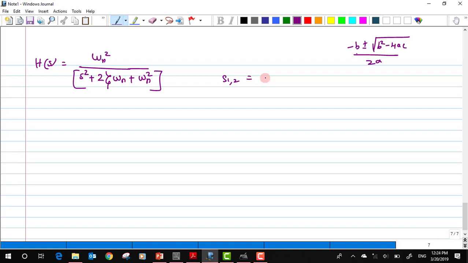So now the poles or the roots of this particular quadratic equation would be something like minus zeta omega n plus or minus omega n with the square root term, something like this we would end up having. Yeah. So now based on these roots we can actually plot the S plane.